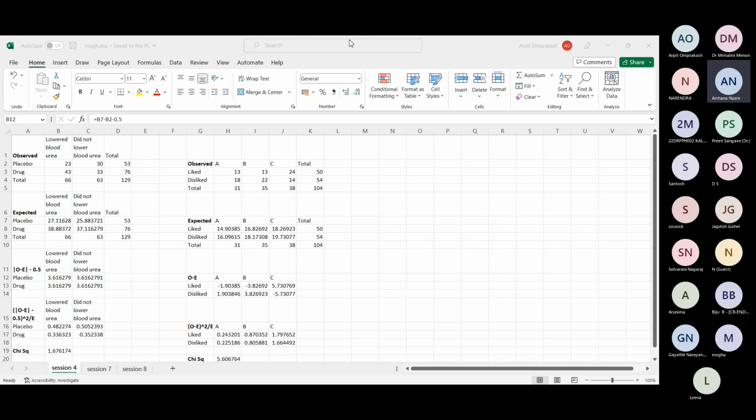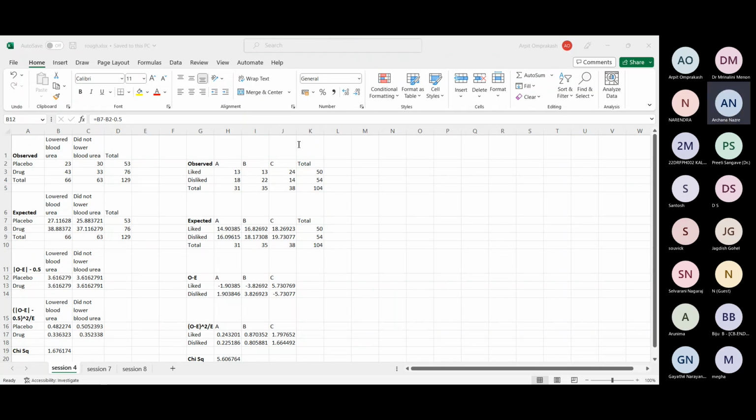Yes, I can see, sir. So these are the values that I am getting. I'll just compare 53, 76, 66, 63, 129. Expected values. O minus E is 1. E minus O is 4.11. I'm getting, I don't know. Maybe I've gone wrong somewhere, sir.